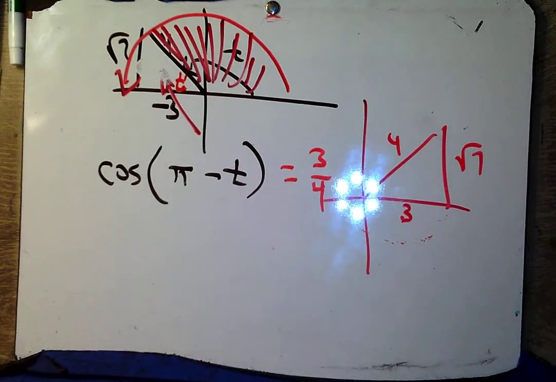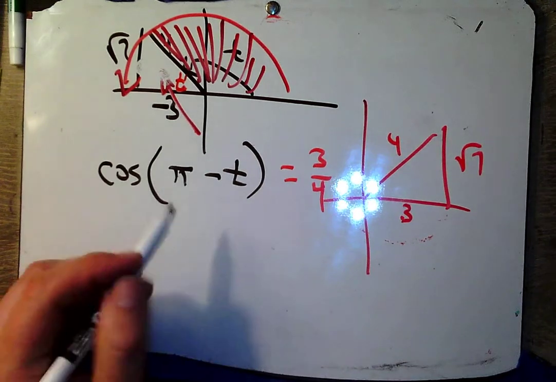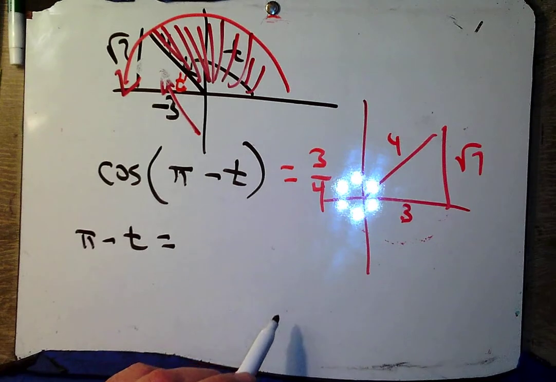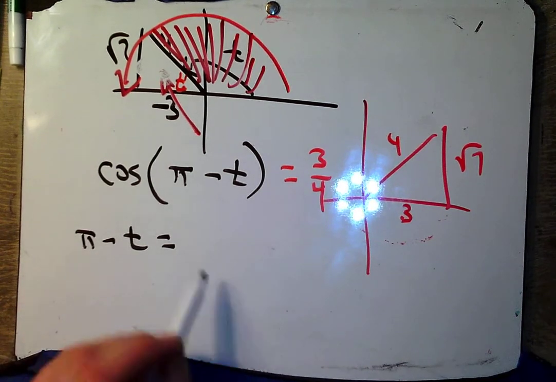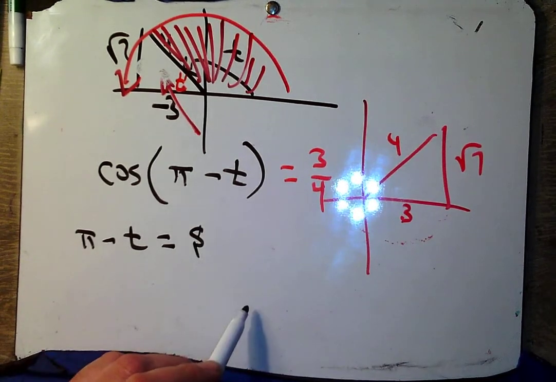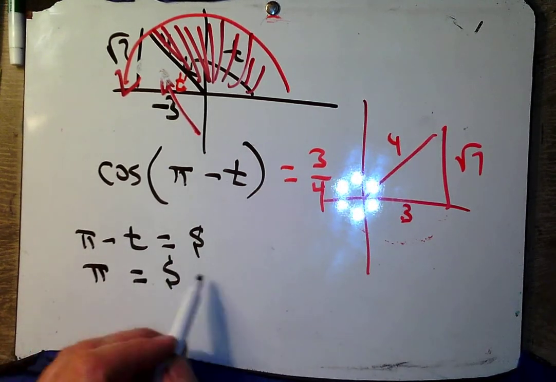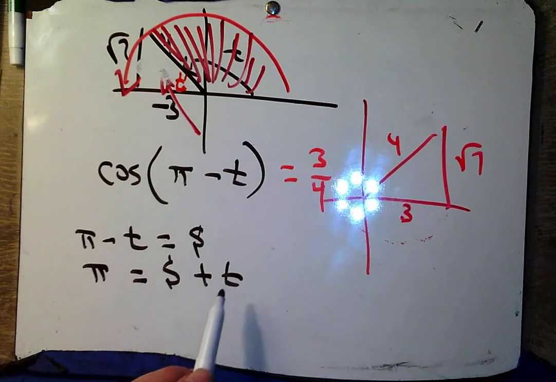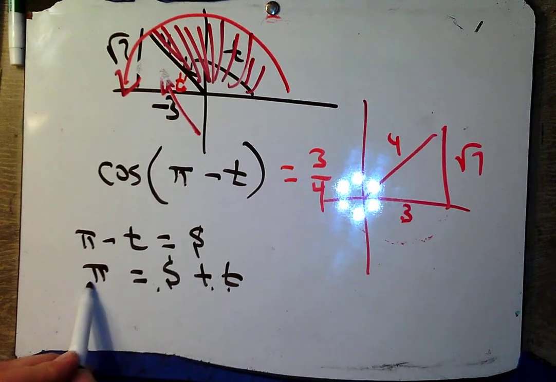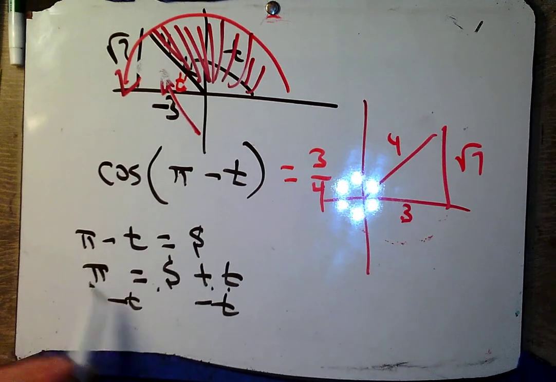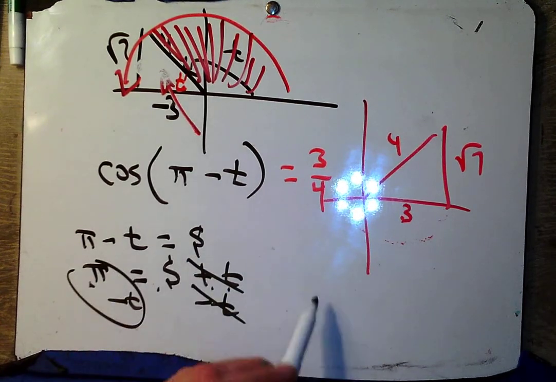All right? But wait, pi minus t equals s. Remember how we said two videos ago, I think, maybe just the last video, if I take an angle plus its supplement, they add up to pi. Great, so let's subtract that angle from pi, and what are we left with?